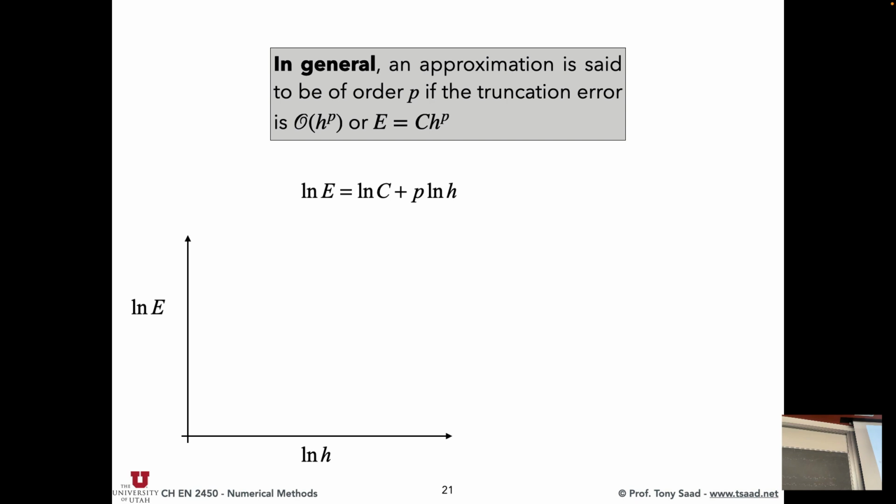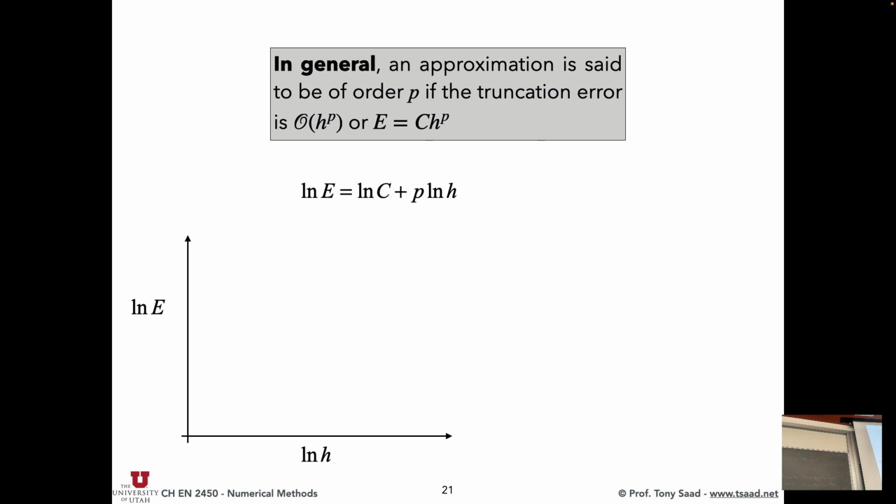Now, to calculate p, you have to do some acrobatics in your code, but there's a faster way to get an idea of what p is. If you are able to compute this error, which you are in many cases by just doing a higher order approximation versus a lower order approximation, so a method of order 3 versus a method of order 1, for example, then you can estimate that error.